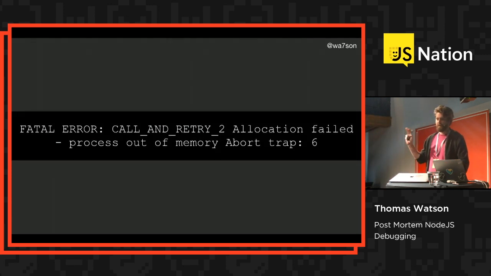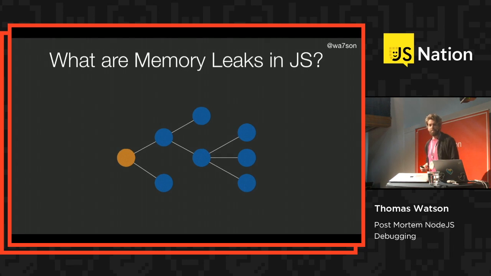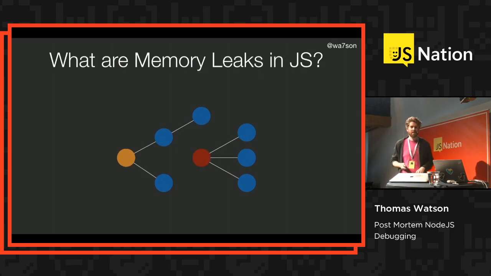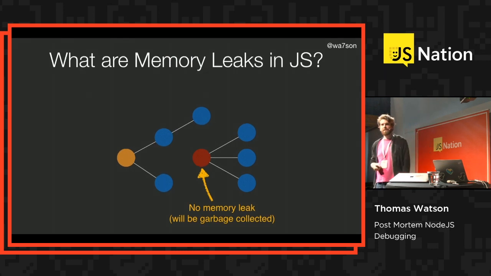but actually, before we go into that, let's look at what memory leaks are. Node.js is a garbage collected language, and there's always one root node, and all other objects in memory will be referred to from that root. When suddenly one node loses its connection and nobody is pointing to it, that's not a memory leak.